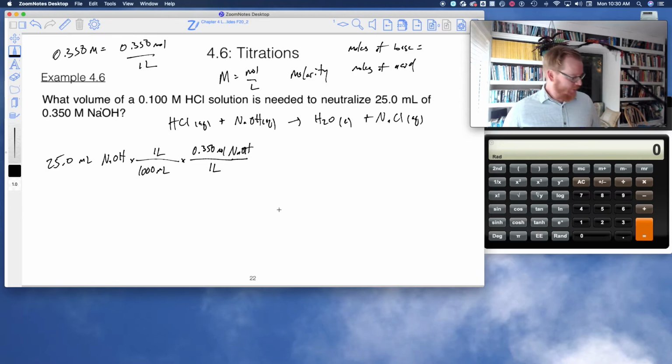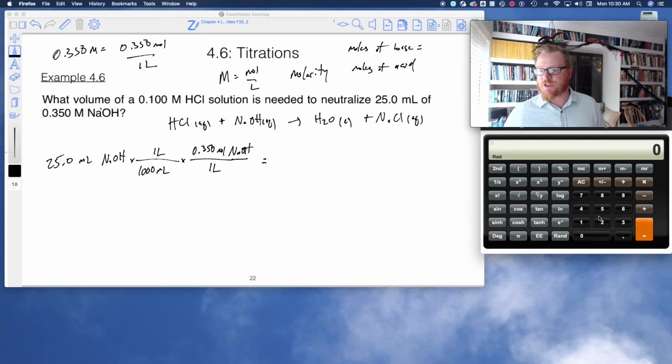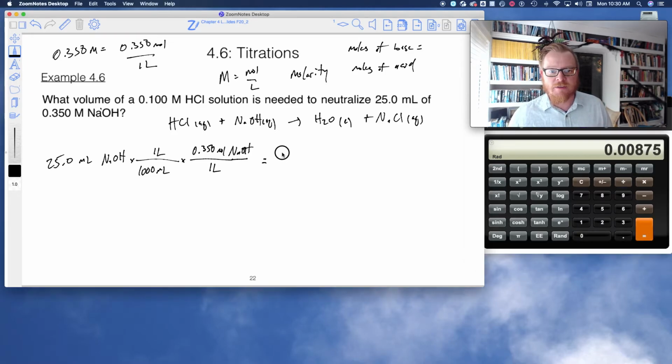Okay, and so now I'm just going to do this calculation to show you what I get. Here we go. 25 times 0.350 equals 8.75, and then divide by 1,000, and I get 0.00875 moles, technically, of just hydroxide.